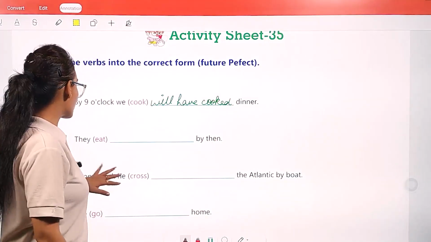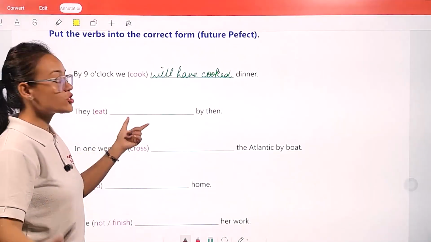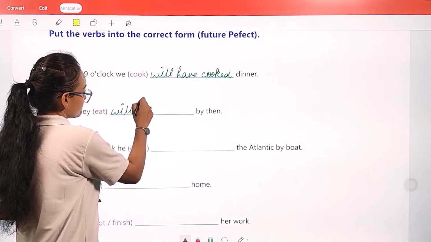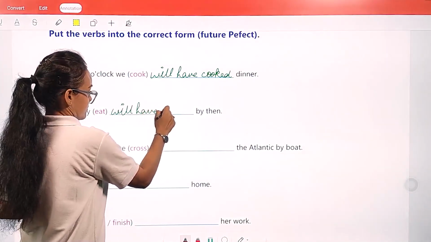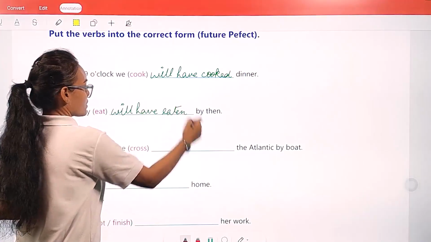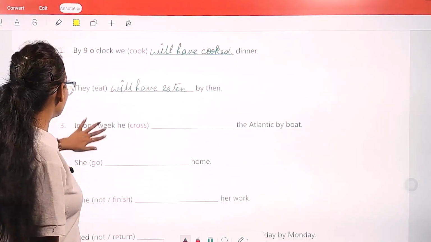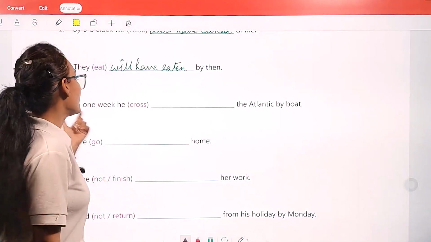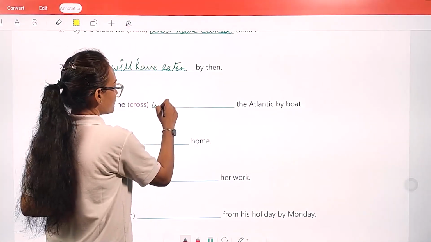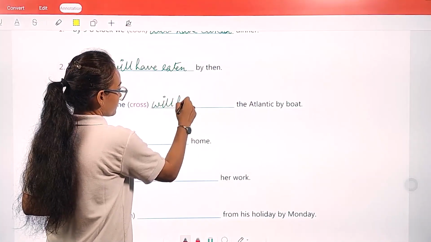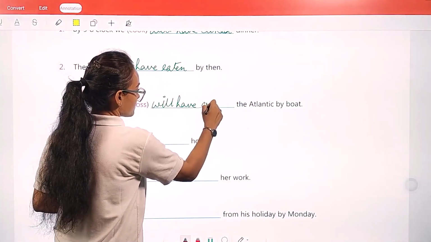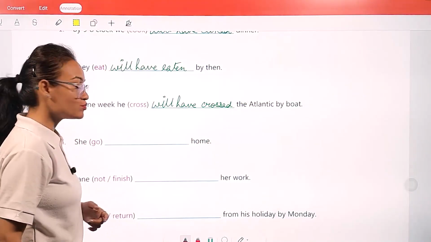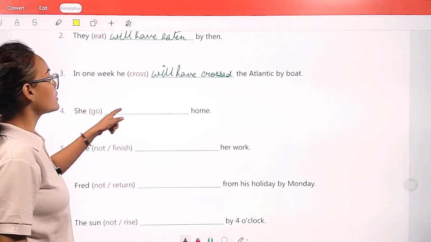Now the second one: they ate dash by 10. They will have eaten by then. Third one: in 1 week, he crossed dash the Atlantic by boat. In 1 week, he will have crossed the Atlantic by boat. Then, she go dash home.